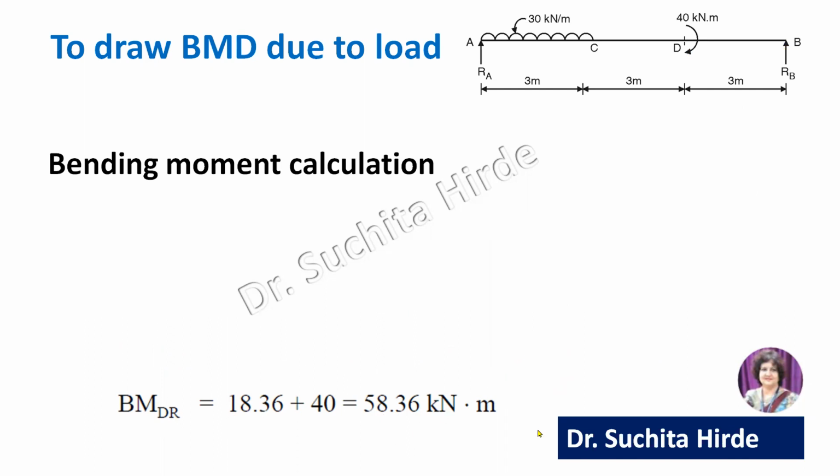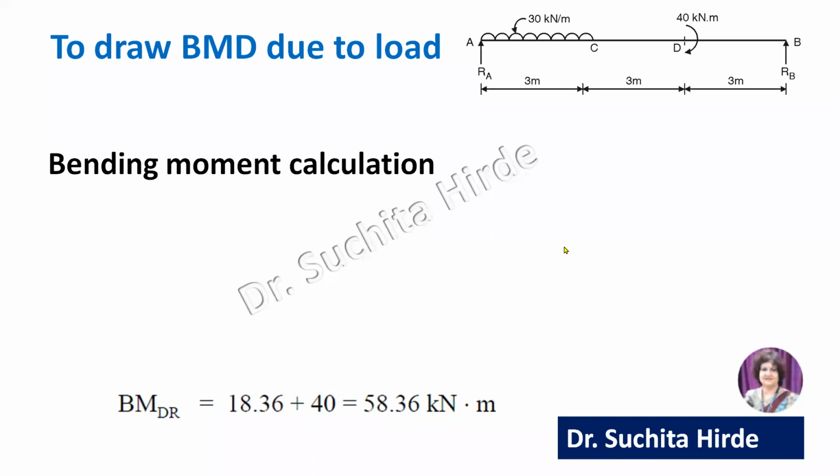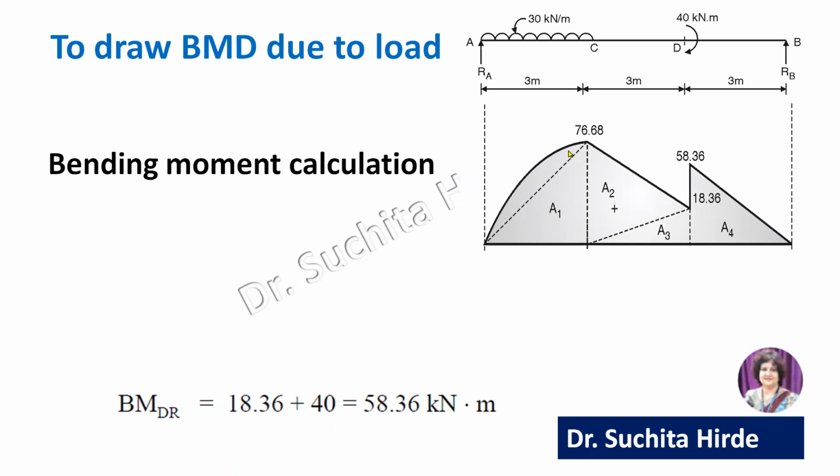After calculating bending moment values, you have to draw the bending moment diagram. Since we got all the values positive, the bending moment ordinates you have to draw above the line. If you draw the ordinates above the line and join them, you will get the bending moment diagram something like this.